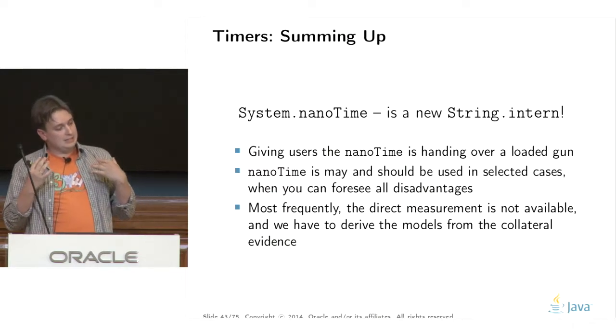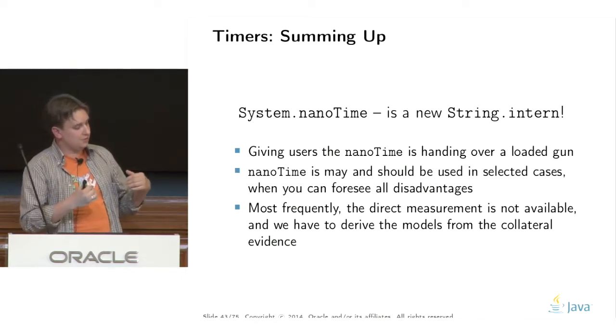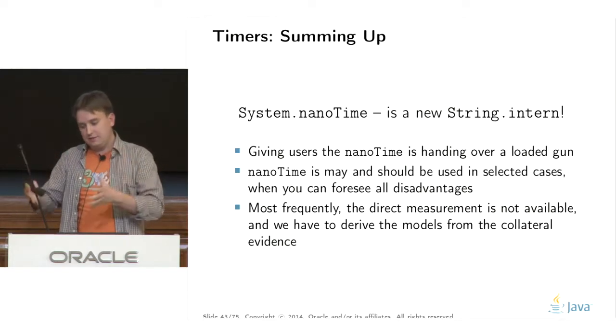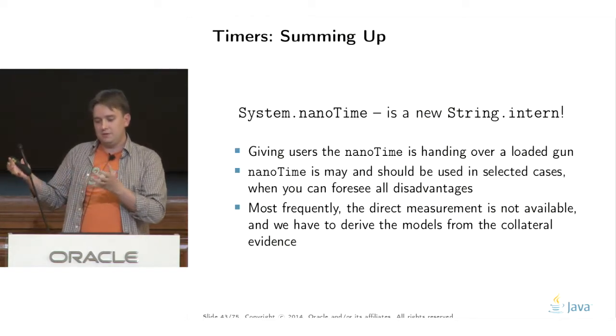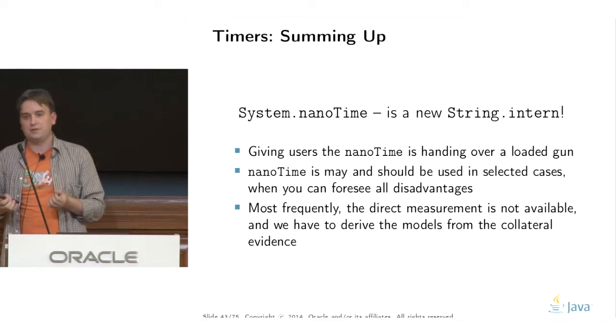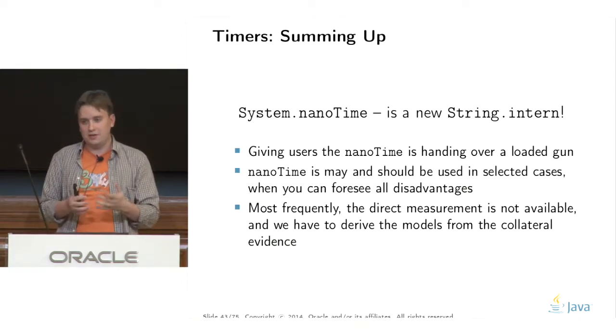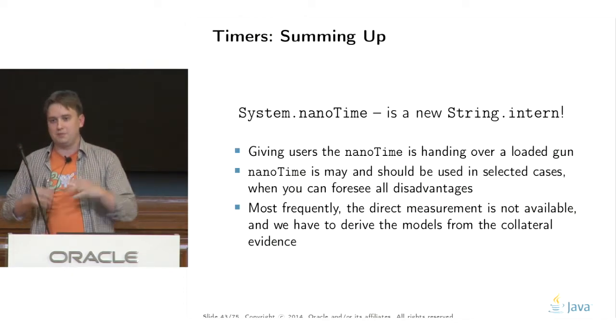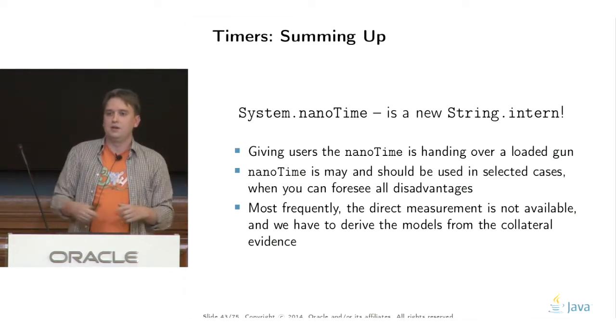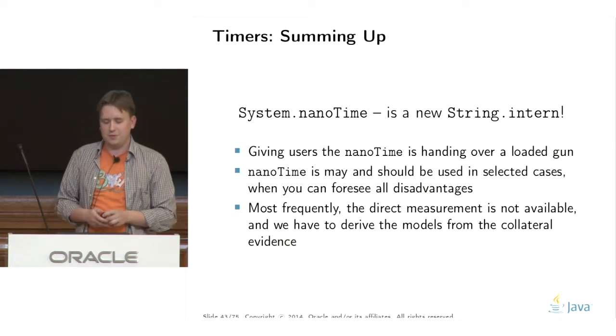And another lesson from there is that with the latency and granularity, things like that, most frequently the direct timing measurement is not available. And you have to derive your models from this collateral evidence by doing these large operations and doing this sort of math there.